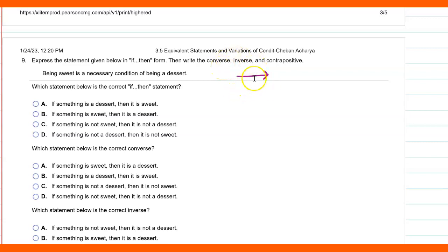The necessary part always goes after the arrow. Therefore, sweet goes in the back of the arrow and dessert goes in front of the arrow. In other words, you read it this way: if dessert, then sweet.